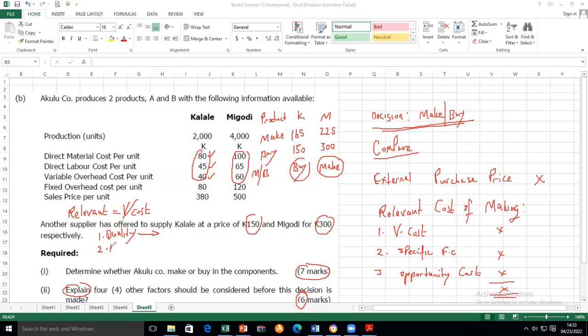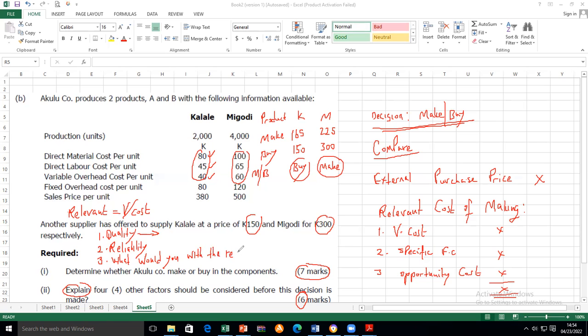Number two, reliability. How reliable is this supplier? Is it going to supply all the items on time? Are you not killing internal capacity? What would you do with the resources?